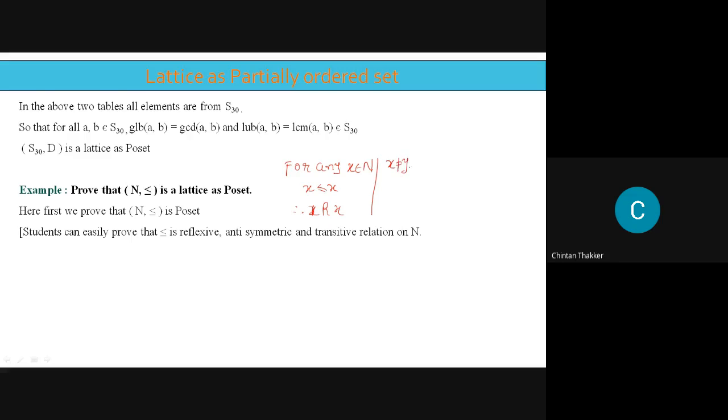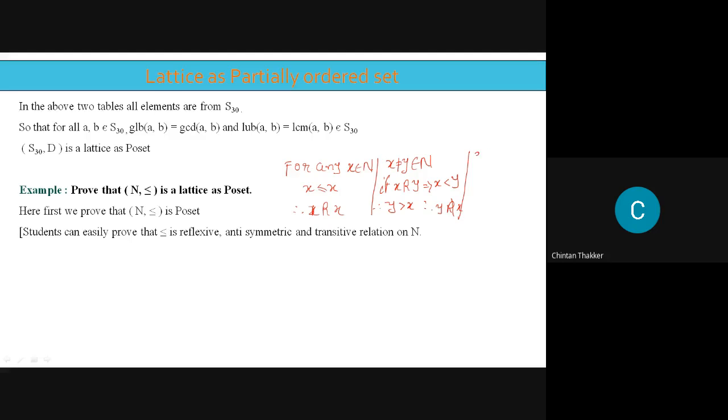Then for x not equal to y belongs to N, if x is related to y, that implies x less than y, so therefore y is greater than x, so y cannot be related to x. It is antisymmetric.